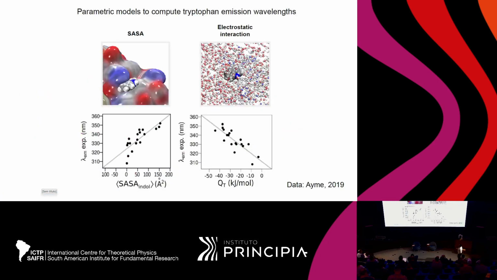So then the second phase of the project, we'll try to construct parametric models using, at first, classical properties like SASA and electrostatic interactions, given the fact that the indole group is very affected by the charge, the mean charge of the environment.